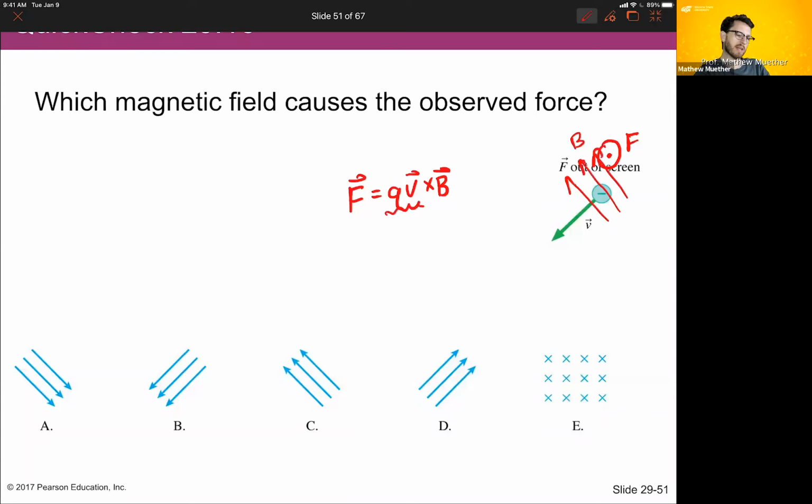Well, I have a negatively charged particle, so QV is pointing in the opposite direction of V. Right-hand rule says I align my index finger with the first vector in the cross product, my middle finger with the second vector, which is B, and I end up with that force pointing out of the page at me. Okay, so this works. So this is the correct field.